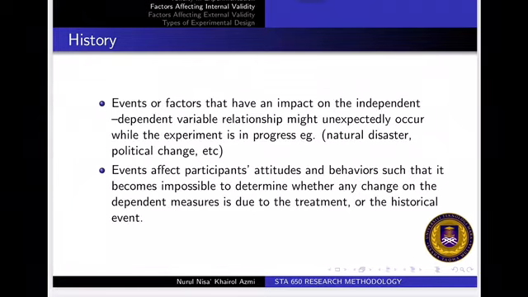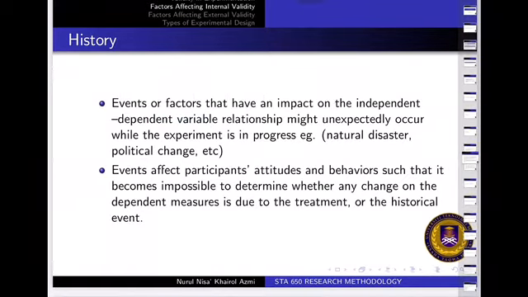Okay, and then events affect participant attitudes and behaviors, such that it becomes impossible to determine whether any change on the dependent measures is due to the treatment or the historical event.